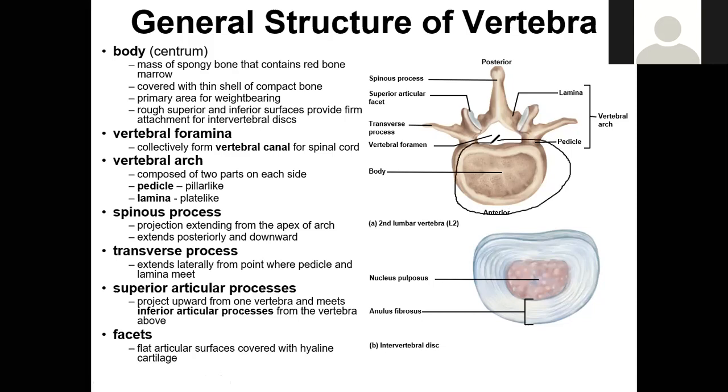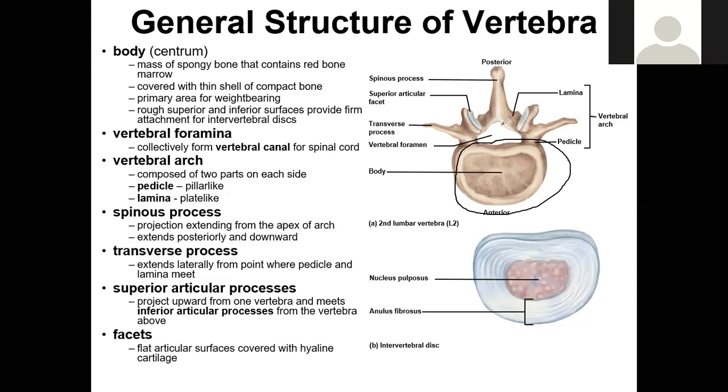All right, the body of the vertebra is on the anterior portion, where the spinous process is the posterior portion. The body of the vertebra is the primary area for weight bearing. Right, so a lot of weight bearing occurs within the body because it's thicker.